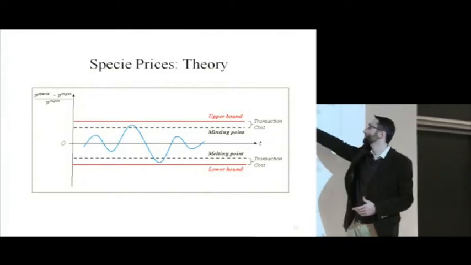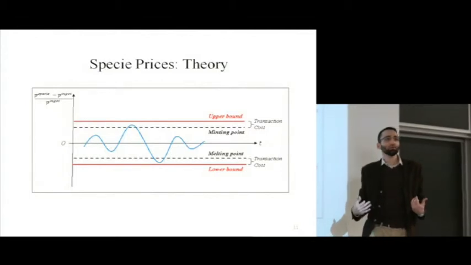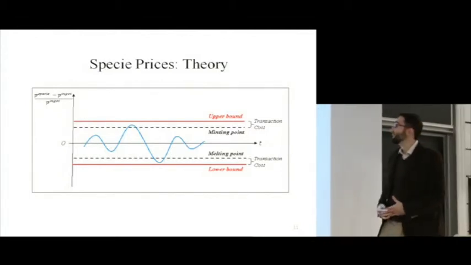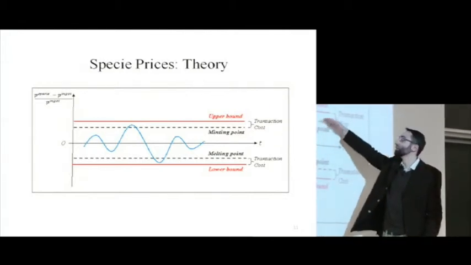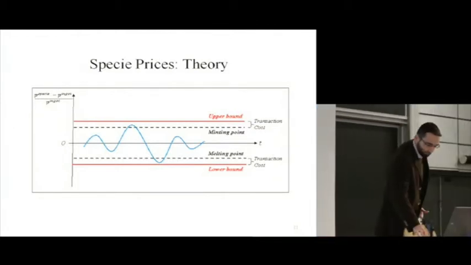And on the upper bound, as the price rises, it will be convenient to go to the mint and mint this kind of species, so you will have more supply, and then you will not have any big deviation of the two.